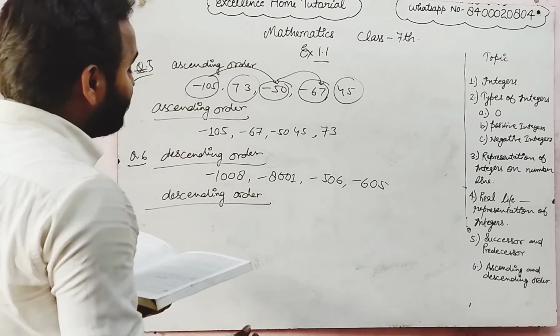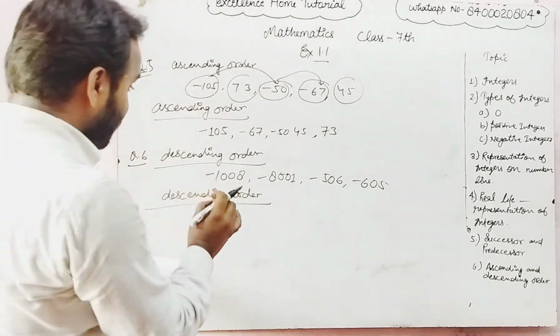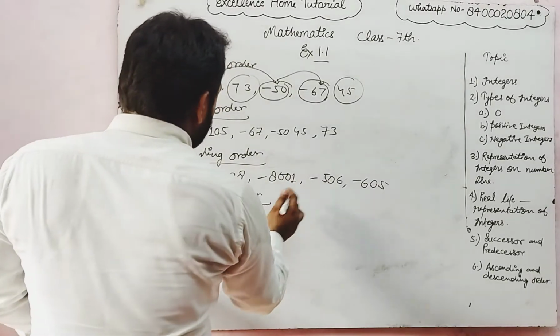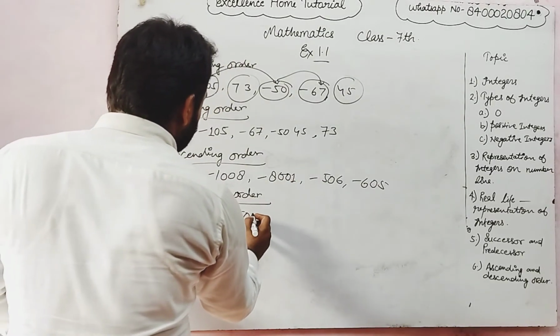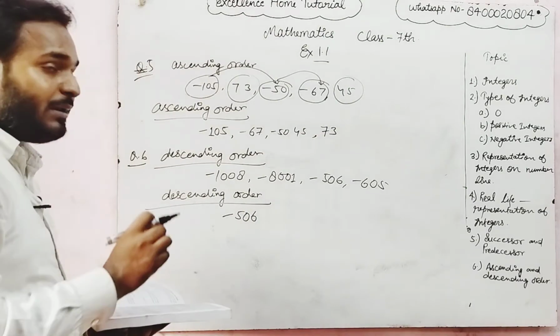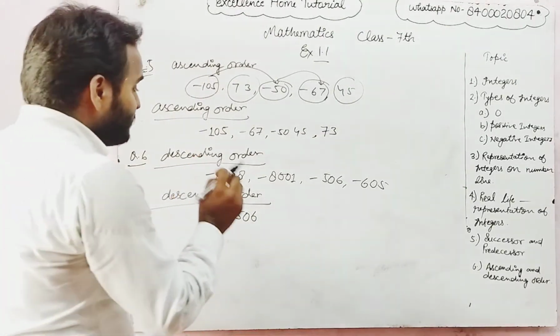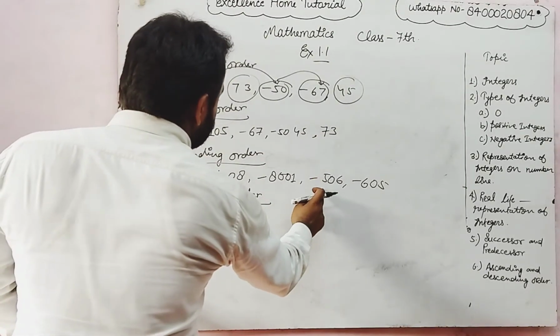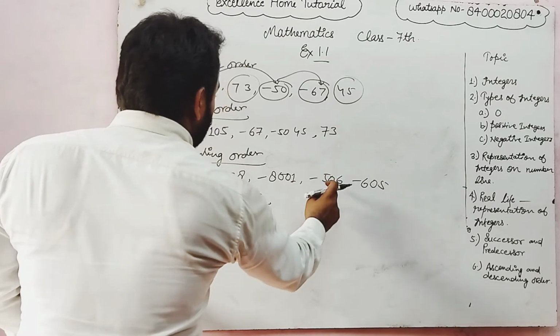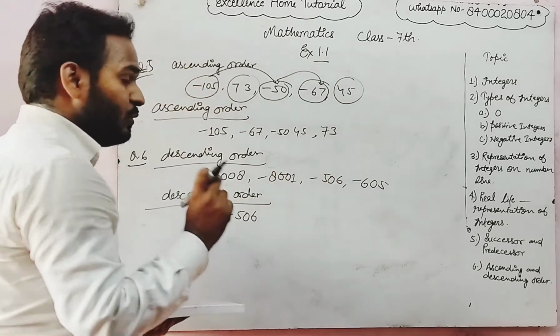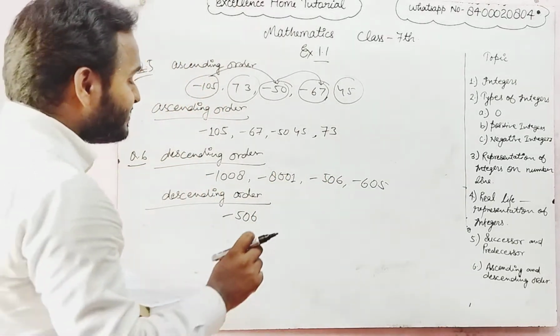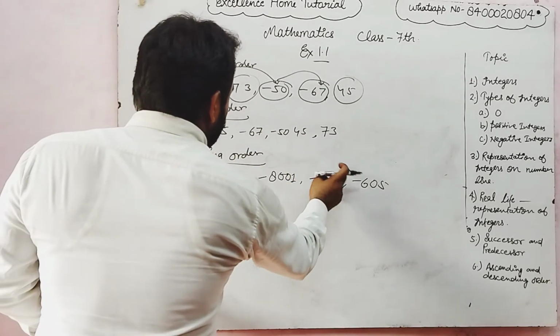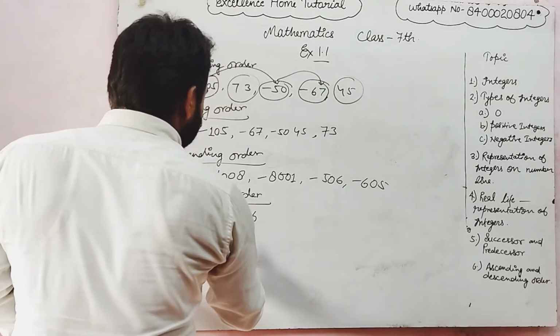So first of all we have to find out the greatest number. So the greatest number is minus 506 because among negative integers, the one whose numeral value is smallest is the greatest number.